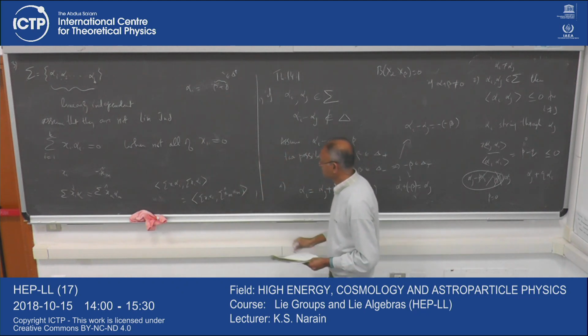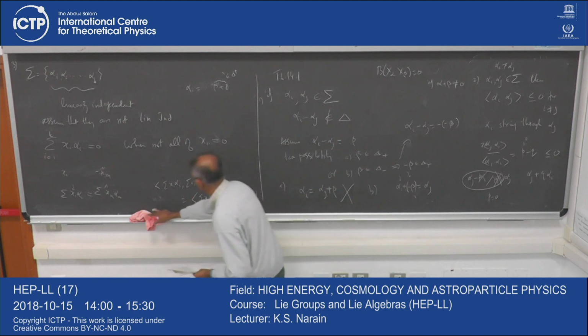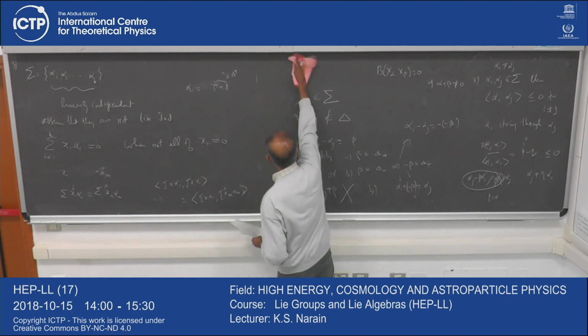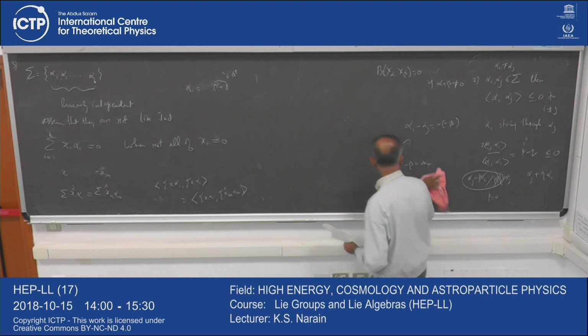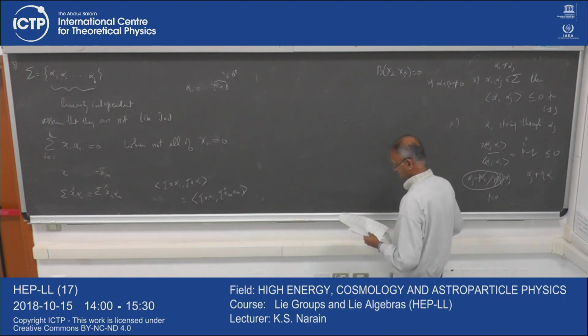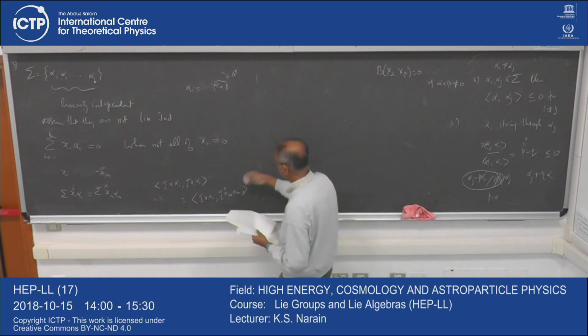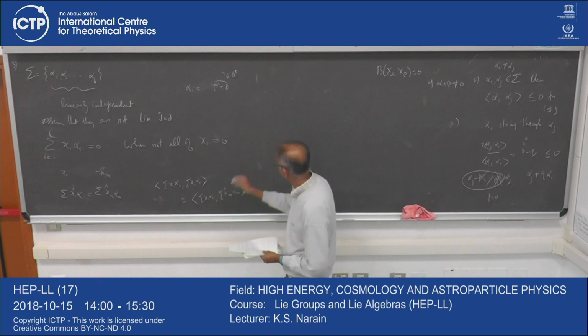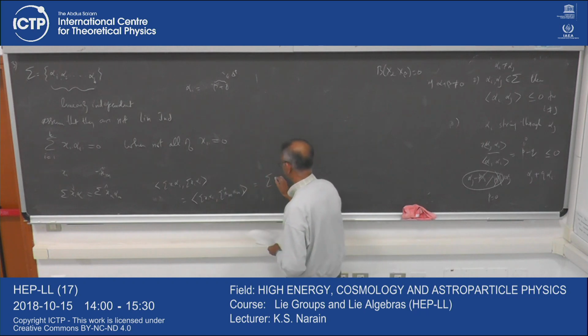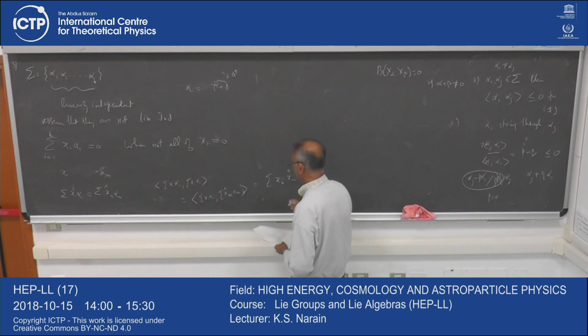Okay. Since the inner product is bilinear, I open it up, and that's the same as the sum over xi, x hat m of alpha I with alpha m.